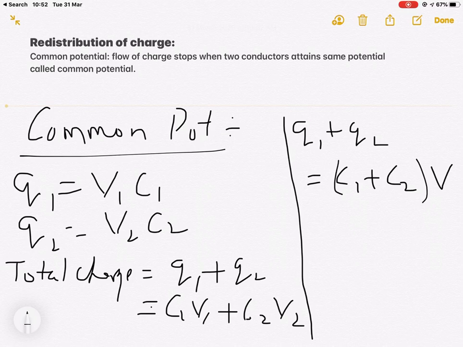That is, V1 will become equal to V2 and that is equal to V, a common potential. They will attain a common potential when these two spheres are joined with each other.